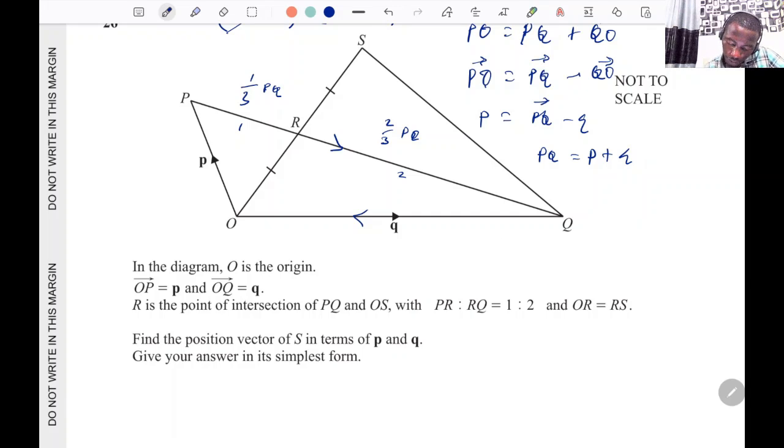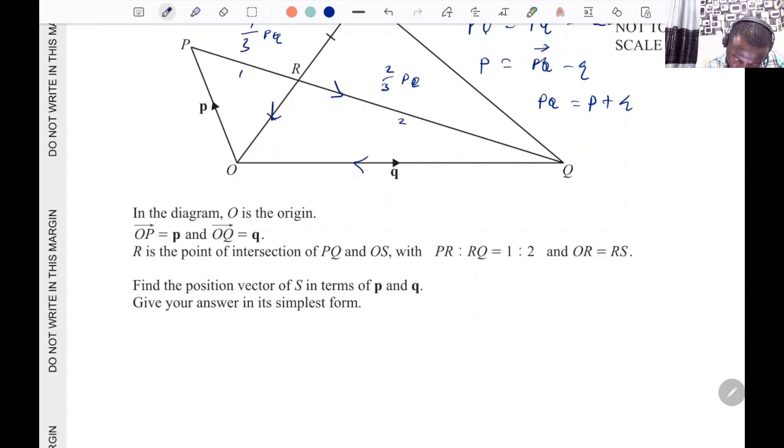Remember, let me still pick the O. Don't worry, everything is still fine. Let me arrange the vector normally. OP is equal to OR plus PR.